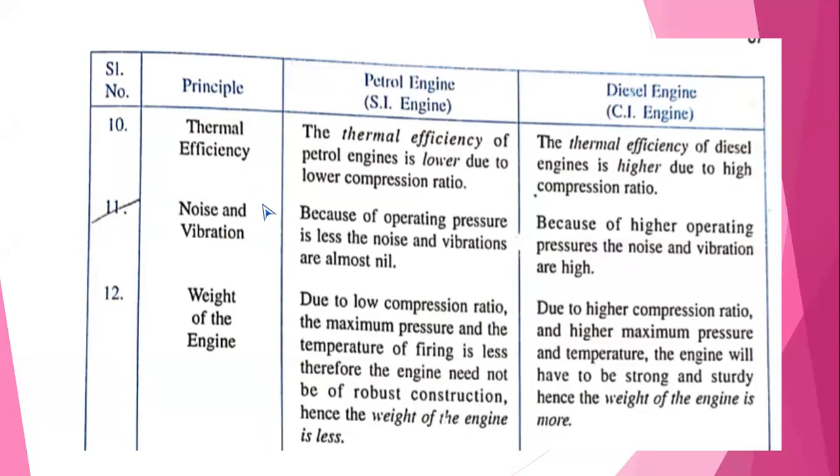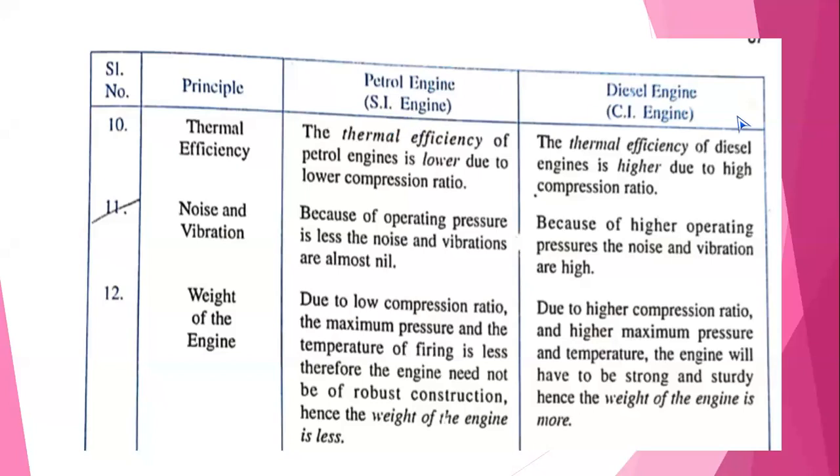From that, you can calculate the thermal efficiency of the petrol engine using the relationship. We can discuss the thermal efficiency in a later class. In the problem, everything is available. Use the equation and calculate the thermal efficiency of the engine.